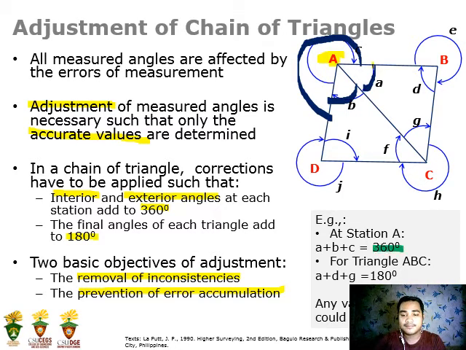As for triangle ADG, with angles A, D, and G, it must equal 180 degrees. Any value in excess could be an error. So if it is over or short, it is an error.